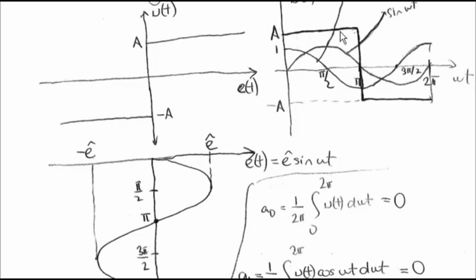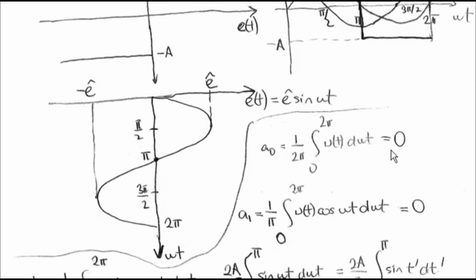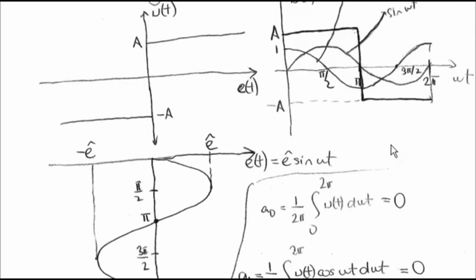We know that this function takes the values a between 0 and pi and takes the values minus a between pi and 2 pi. So if I take the integral, this part of the function is going to cancel this part of the function, which means that the dc coefficient is going to be 0 here. So without taking any integral, I can actually say that the dc coefficient is going to be equal to 0.